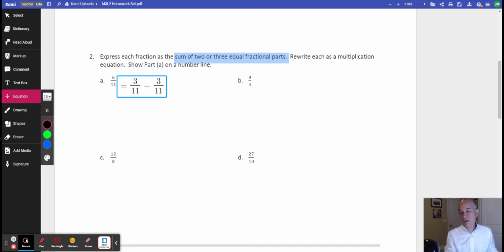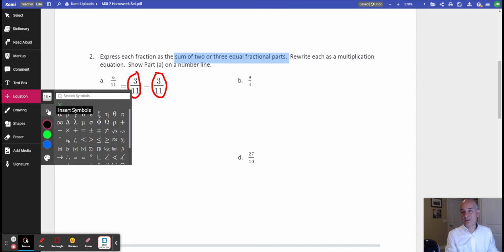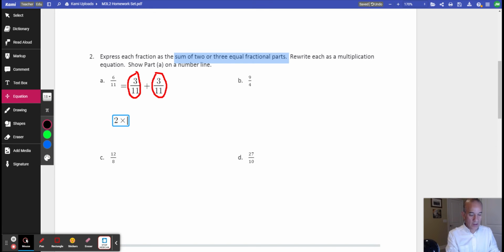Now, the next step, we have to write this as a multiplication. This is one copy, and this is a second copy. When you have two copies, you can create a multiplication explaining it this way: 2 times 3/11.